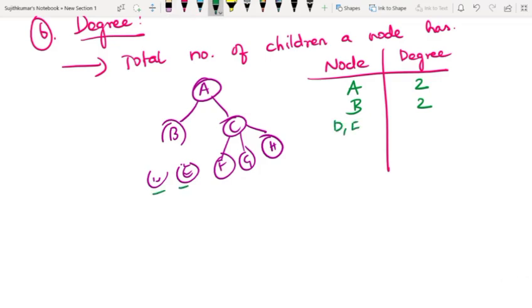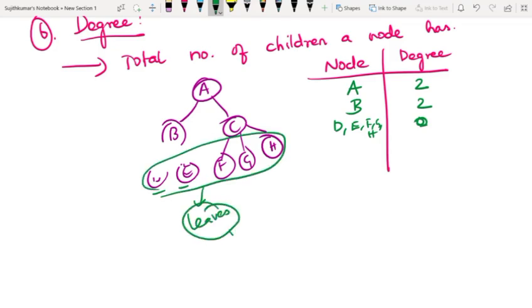So for D and E I could say 0. F, G, H also don't have anything, so I could say 0 because D, E, F, G, H are all leaves. Leaves won't have children. Just now we have seen leaves won't have children. That's why their degree is always 0. And you can also claim it this way: in MCQ questions, they will trick you with something like this.